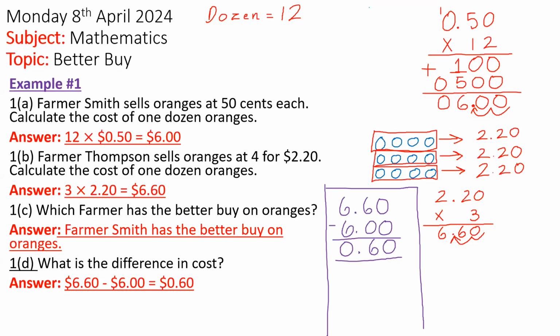Okay, so question 1 says, Farmer Smith sells oranges at 50 cents each. Calculate the cost of 1 dozen oranges. Well, what we're gonna do for this is multiply 0.50 times 12 because 1 dozen equals 12. And so that would be $6.